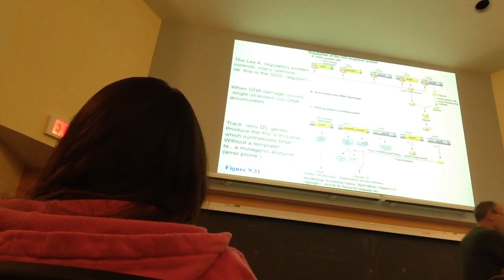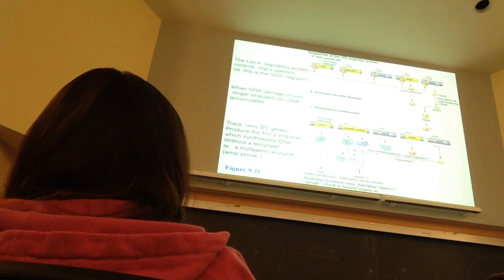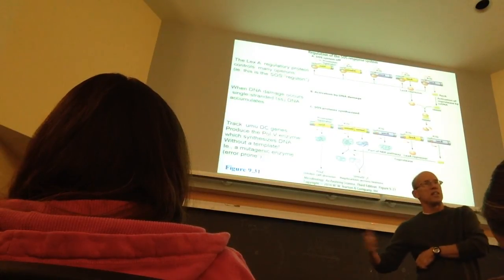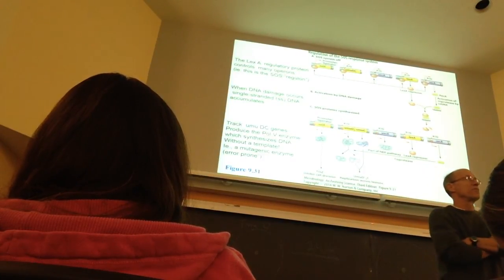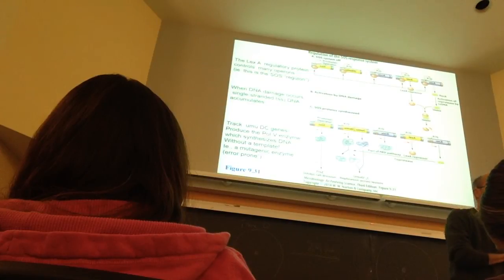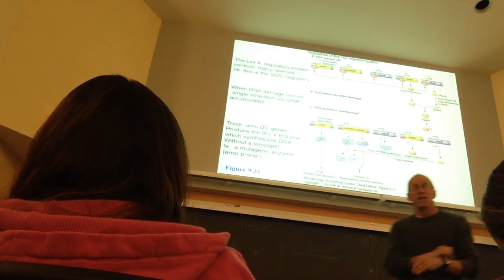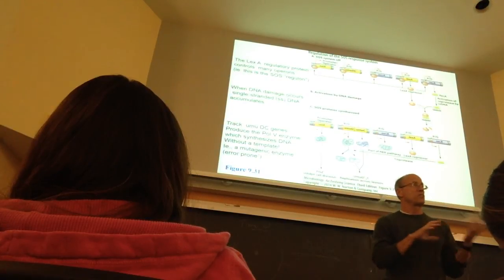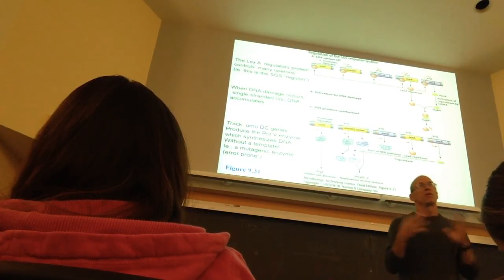And so that's why it's called the SOS response, because sure, I'll take 50 or 75 mutations in that one gene, or a couple of my genes might become mutated as a result of this DNA polymerase 5 error-prone activity, but I live another day. And so that's why it's mutate or die.